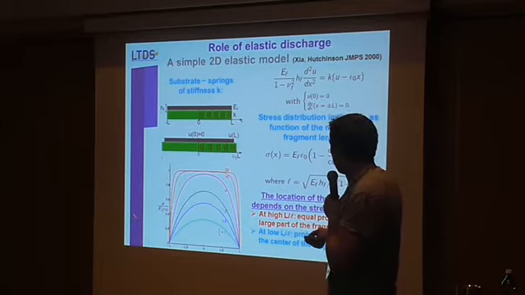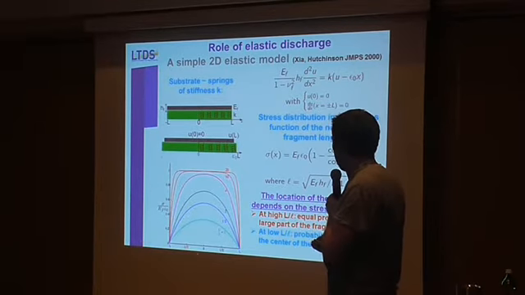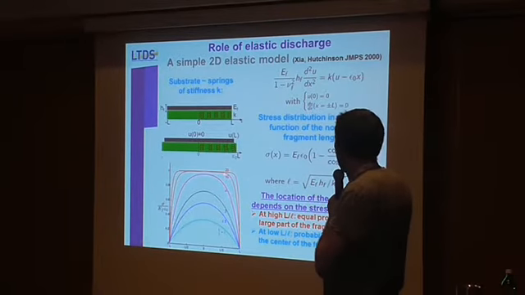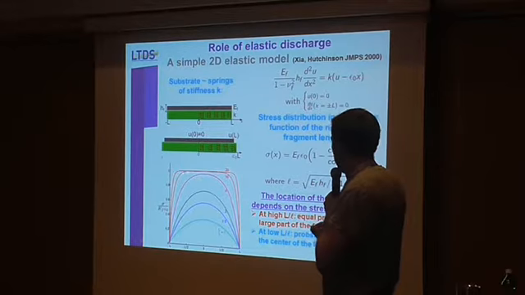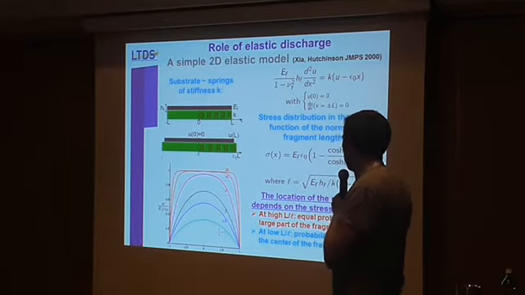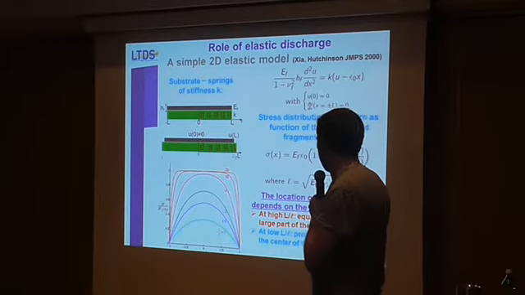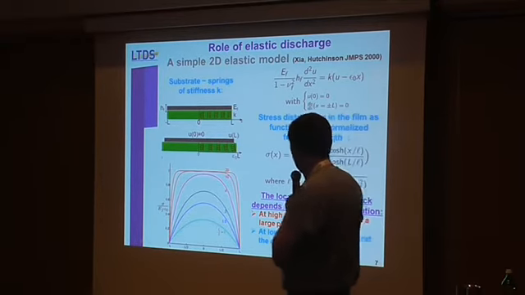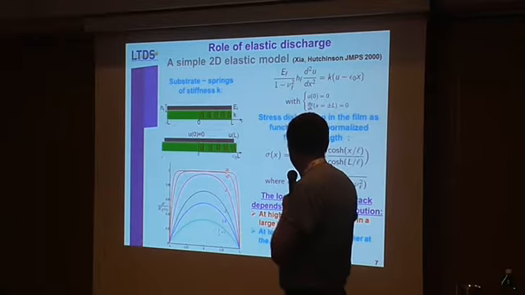If you plot the normalized stress as a function of the normalized size of the fragment, you can see that depending on this ratio, you can have a distribution that is nearly flat over all the fragments when the ratio of the size of the fragment over the elastic discharge length is high.